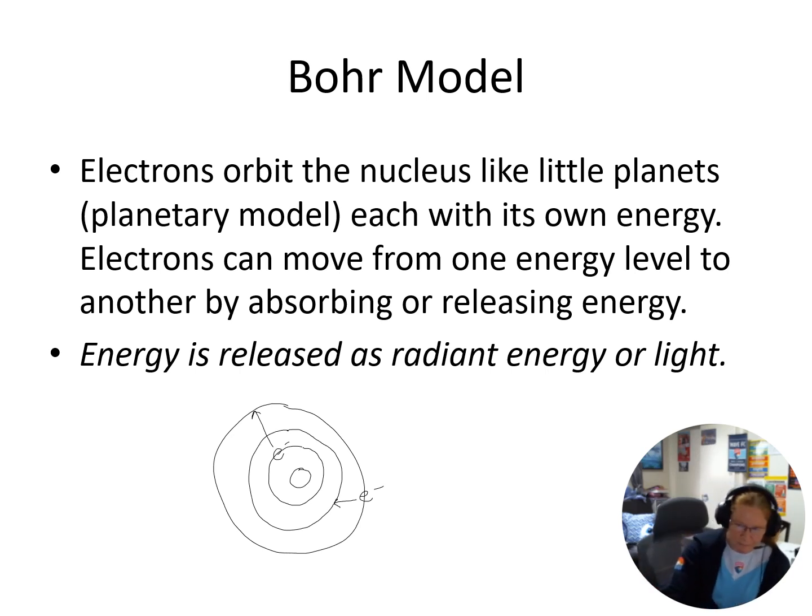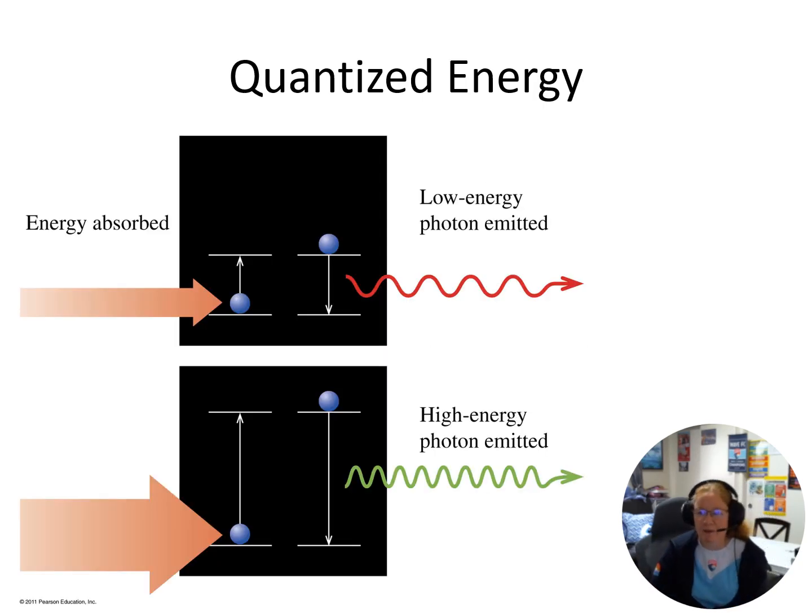Okay, now when we look at this, if we are doing a transition between energy levels that are closer together, then we don't have very far to go. So we take in an amount of energy, and when we drop back down, we're going to be emitting a low energy photon because we haven't gone very far.